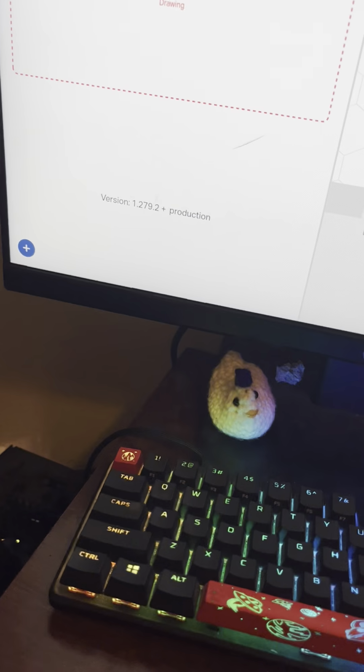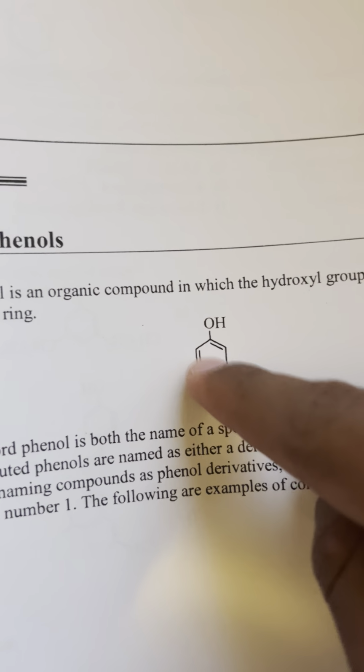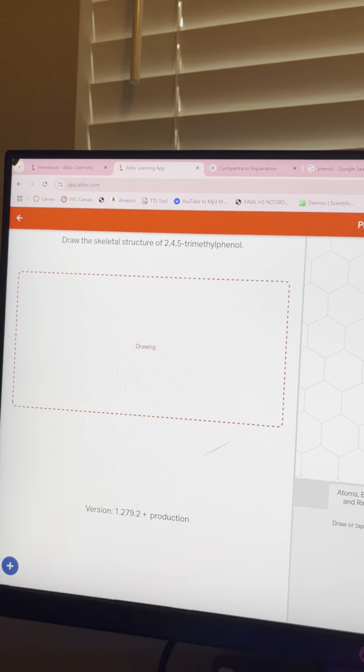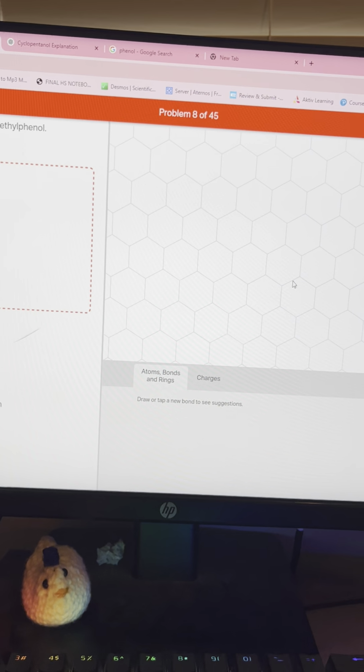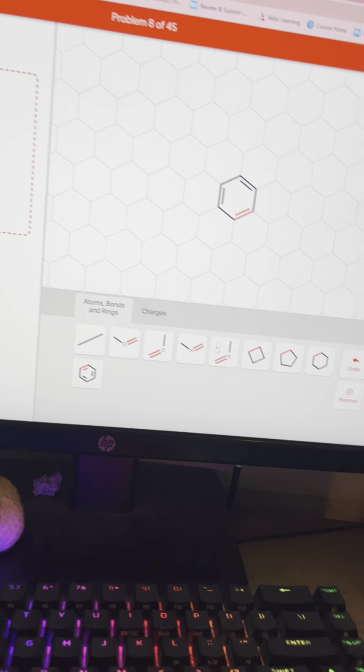All right, next we have phenol. Now a phenol, what it is, we go back to chapter 8. A phenol is a benzene ring with an alcohol attached to it. So what we're gonna do, it says phenol, so make a benzene ring.